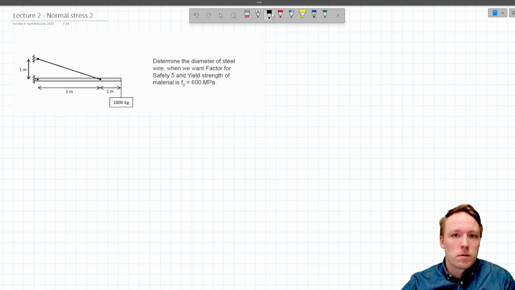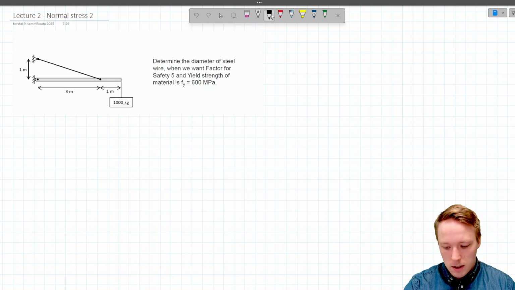Firstly, let's start from the formulas which we are going to be needing for this task. So once again, the factor of safety, N, is sigma critical divided by sigma allowed.